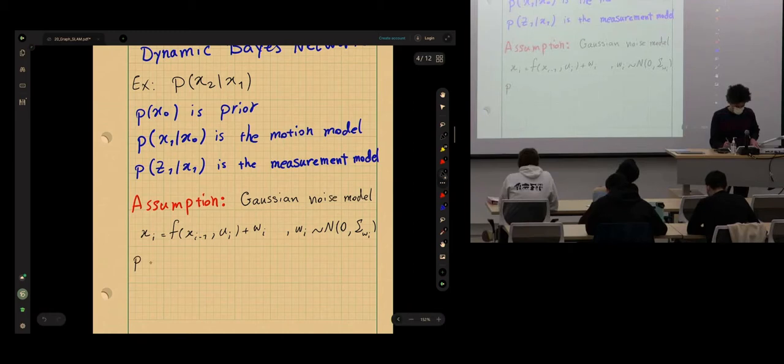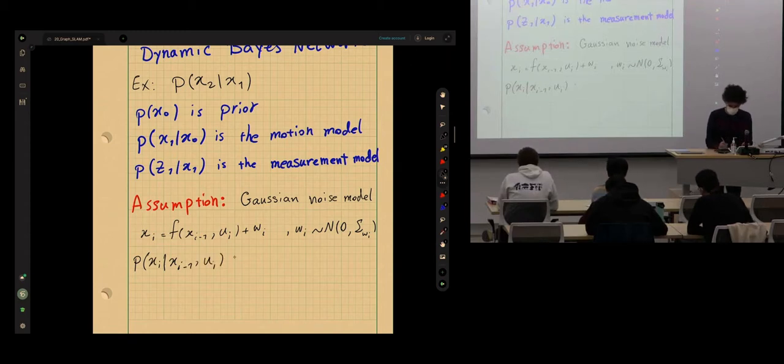So the probability of xi given xi minus 1, or we can make it more explicit by adding ui, is proportional to a multivariate Gaussian distribution, dropping the normalizing constant.